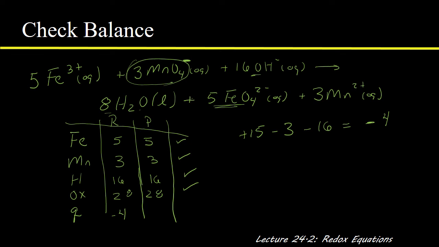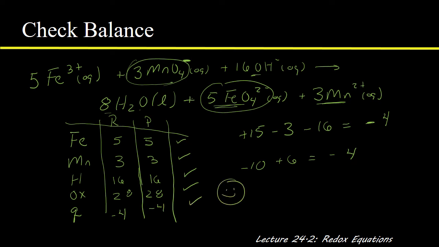And on the product side, we've got 5 ferrates. They have a 2 minus charge, so that's minus 10. And then we've got 3 manganese 2 pluses. It's a total plus 6. So that's minus 4 as well. Yay. All right. So if you had to balance this under basic conditions, this would be your final answer.